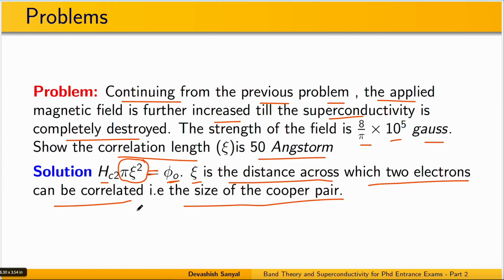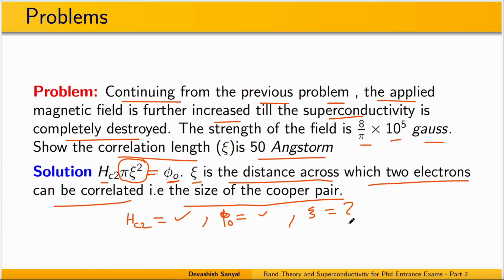Hc2 is known in this problem. Phi naught is known from the previous problem. So you can find out the correlation length from Hc2.